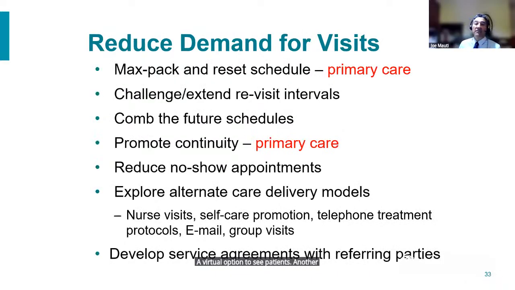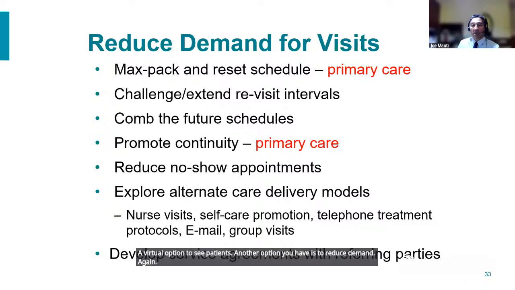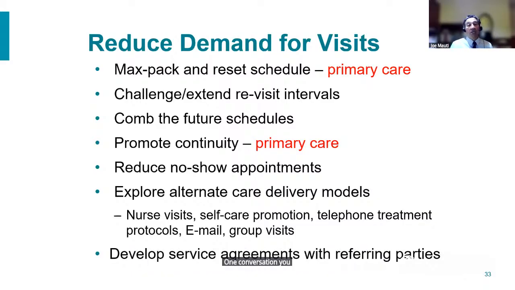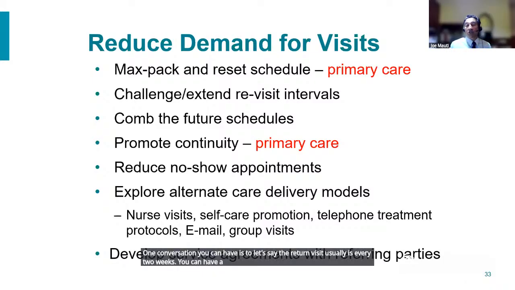Another option you have is to reduce demand. Again, a better word is shape demand. Some of these points are more applicable to primary care, but in specialty care, one conversation you can have is, let's say the return visit usually is every 2 weeks. You can have a conversation to say, for certain people, can we extend that to 3 weeks?